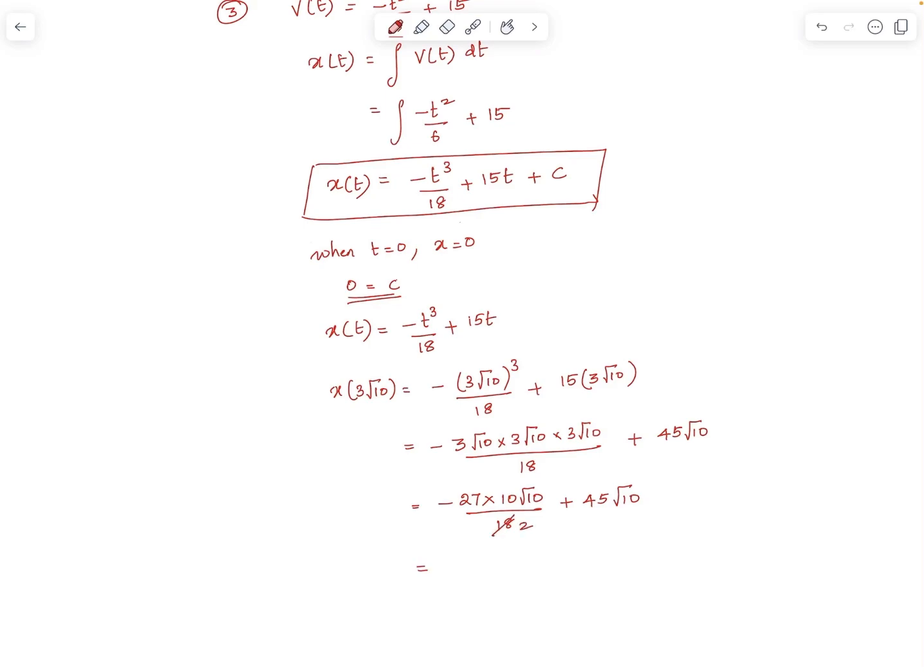On simplifying, we get minus 15 root 10 plus 45 root 10, which is 30 root 10 meters. And this is the distance traveled before the car came to a rest.